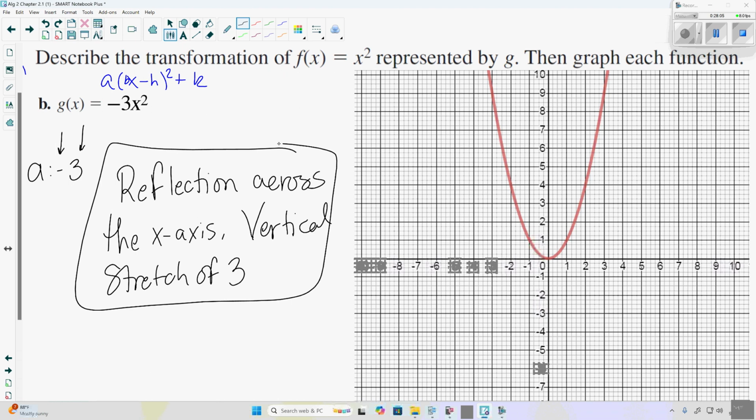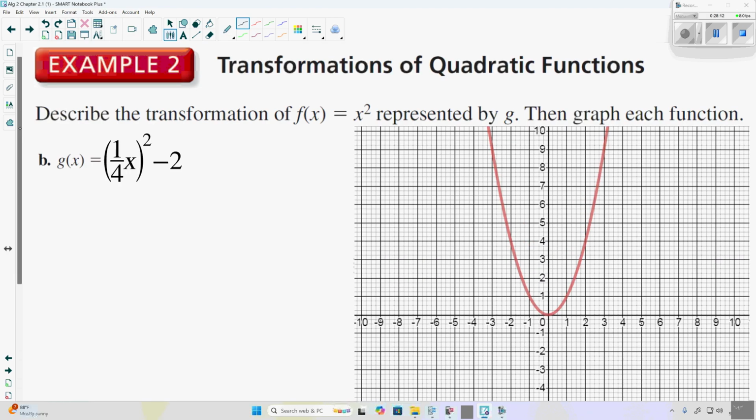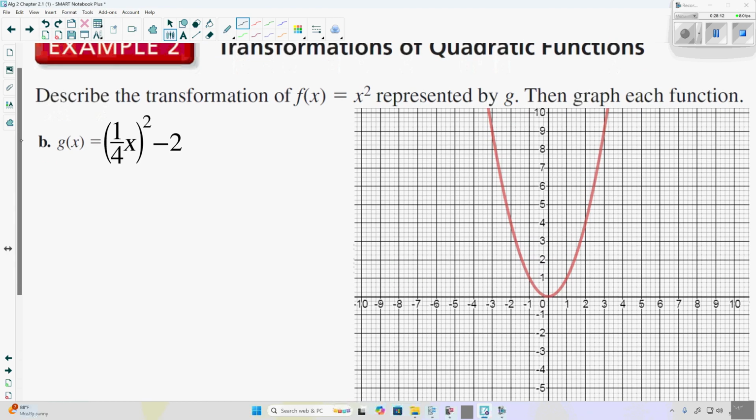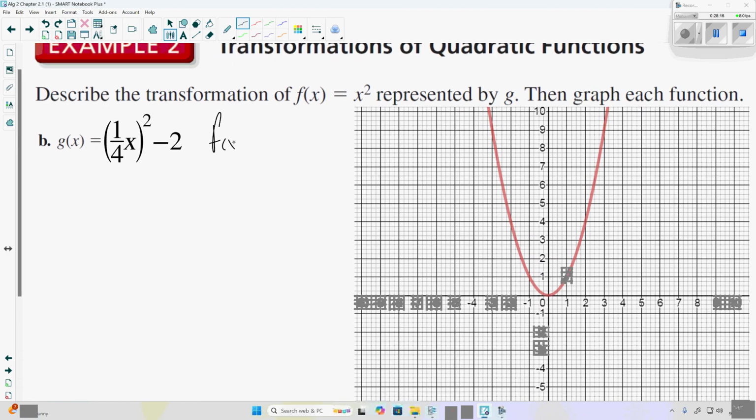Questions on this here? Be ready for the next one. Do we have a value for A?